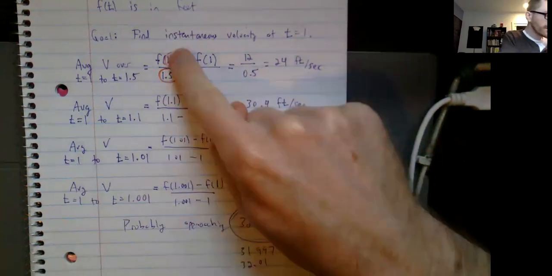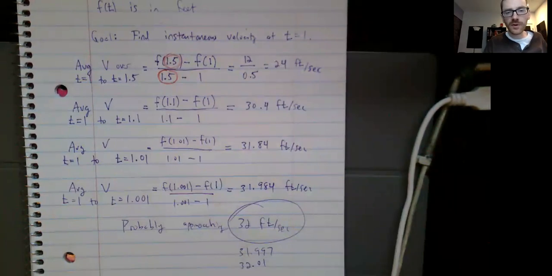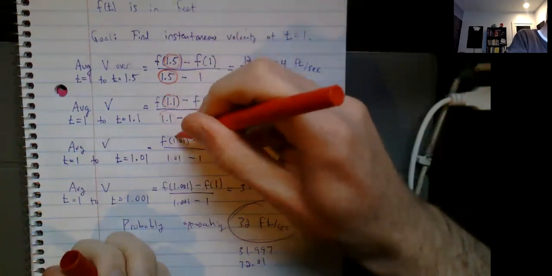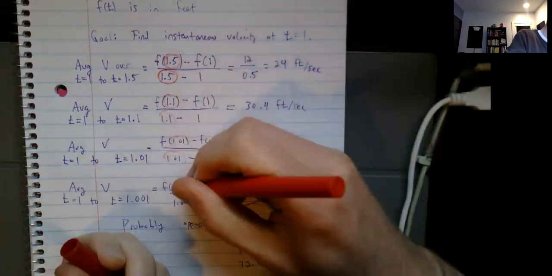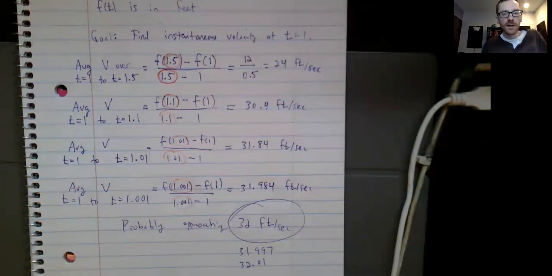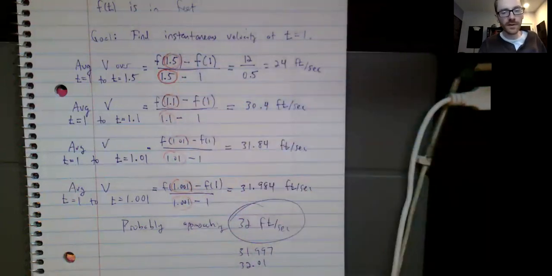Like 1.5, 1.1, 1.01, 1.001. The red numbers that I'm circling here, what number are they getting closer and closer to? I hope it's clear. They're getting closer and closer to 1. That tells us that we should be taking the limit as this number approaches 1.